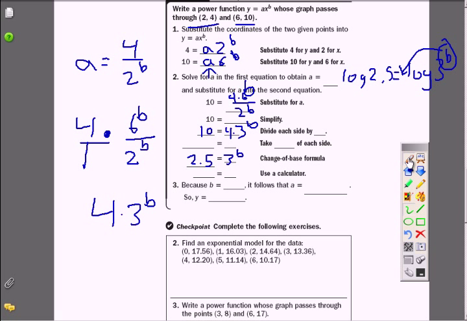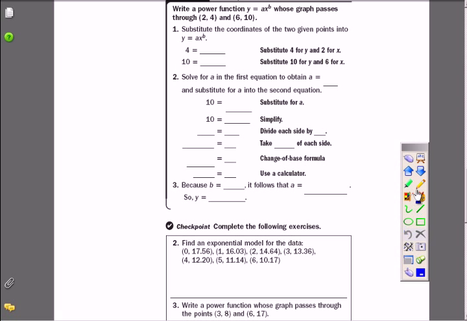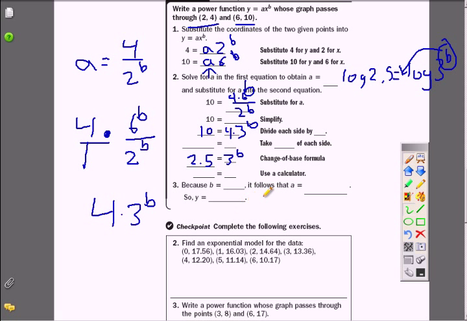So on my calculator, I do the log of 2.5 divided by the log of 3, and I'd get 0.189 or whatever that is. That would end up being my answer for b, 0.189.